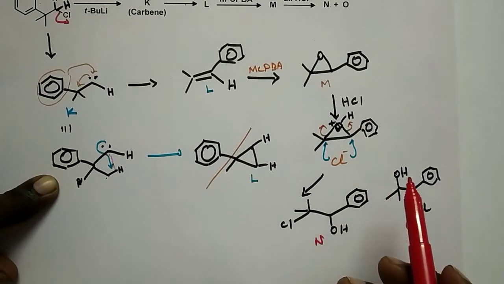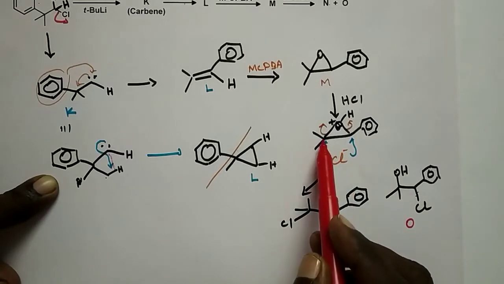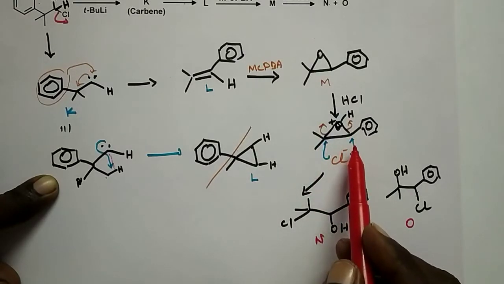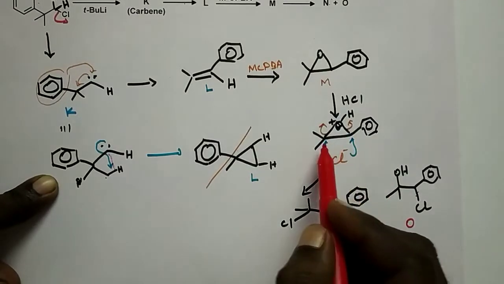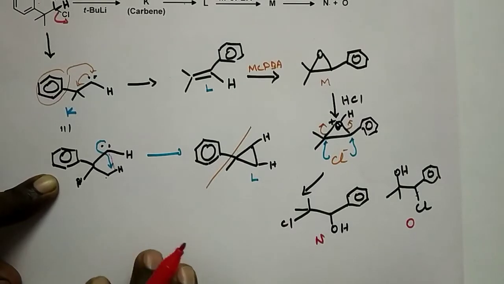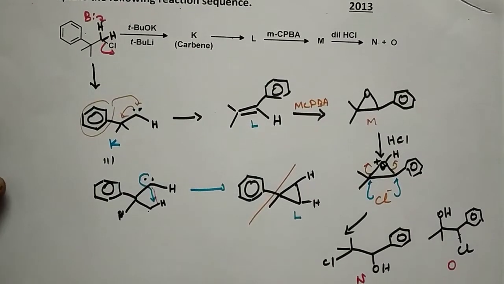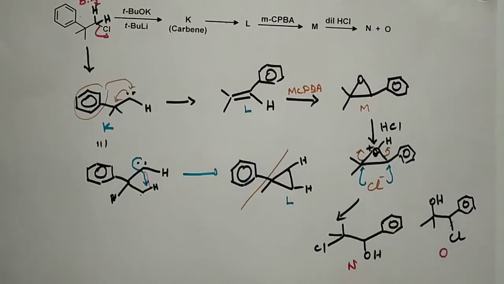One may be minor, one may be major, that is a different case. But you get two products. The chlorine can attack here and chlorine can attack here. Nucleophile attack. So this side attack gives product N and this side attack gives product O. Two products you are obtaining. And this is the entire sequence. The main thing involved here is the carbene and then the rearrangement.